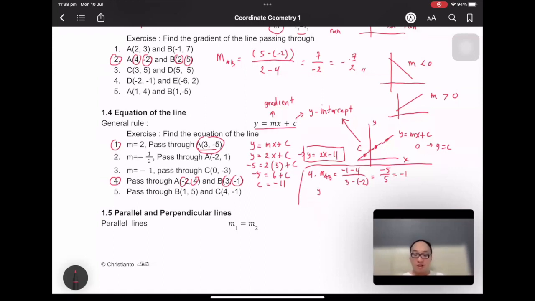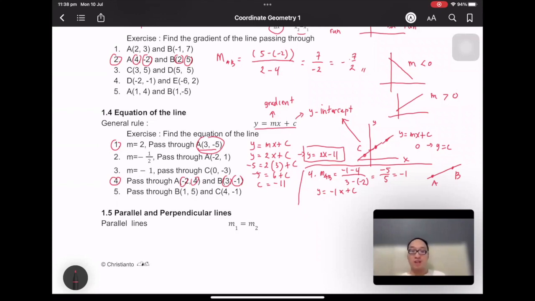So the general rule is y equals mx plus c. So m is negative 1, y equals negative 1x plus c. And then the line is passing through points A and B. Because A and B are on the line, both A and B will satisfy this equation.